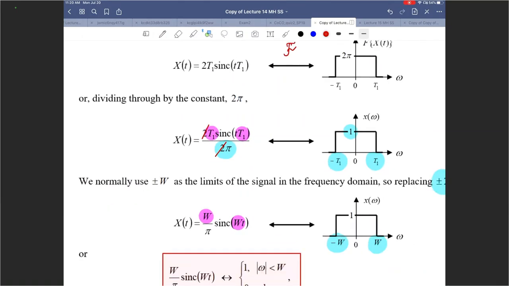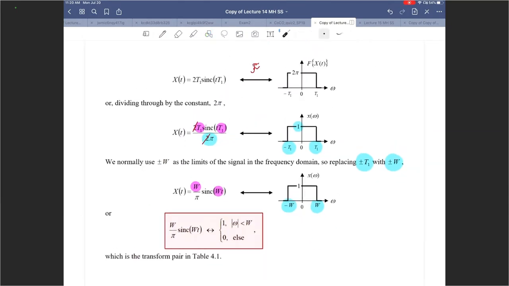What you are left with is a result in a very nice format. The Fourier transform of W divided by pi sinc WT is a rectangle with a height of 1 between negative W and plus W. The axis is omega. So we can write this particular Fourier transform pair, which is also present in table 4.1 in the primary textbook.